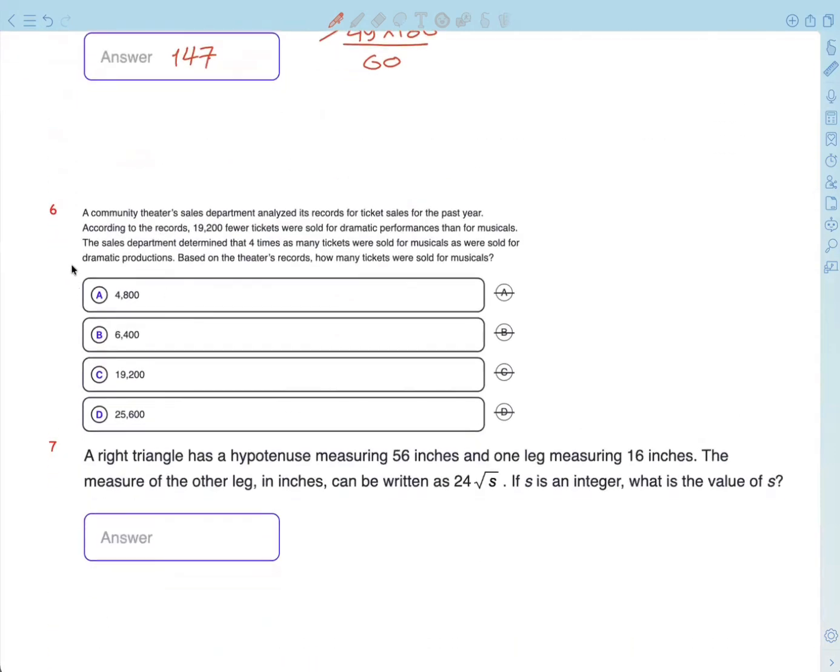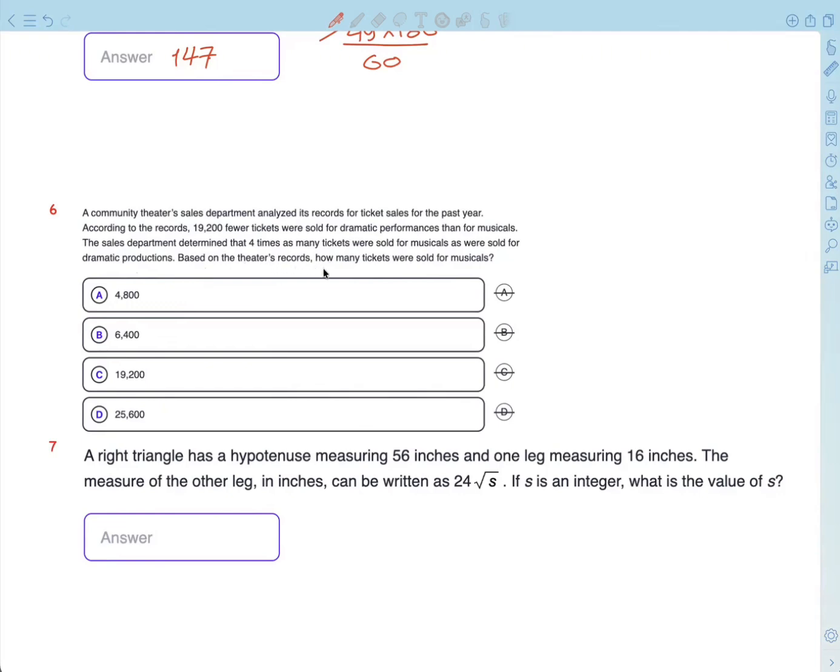Let's move to question 6. A 2030 sales department analyzed its records for ticket sales for the past year. According to the records, 19,200 fewer tickets were sold for dramatic performances than for musicals. The sales department determined that 4 times as many tickets were sold for musicals as were sold for dramatic productions.